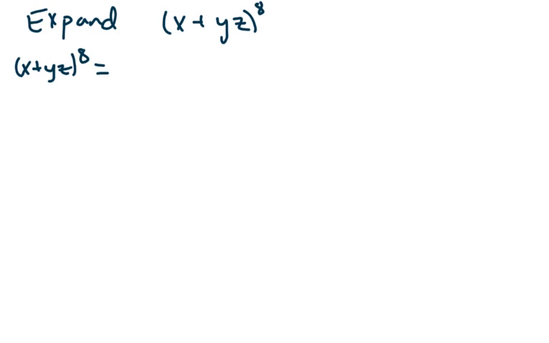So this expansion here is going to have the first term, x raised to the 8th power, and no powers of the second term, yz. We will have a coefficient determined by the binomial coefficients, 8 choose 0. The second term is going to be binomial coefficient 8 choose 1. The first term raised to 1 less power, and the second term raised to 1 more power. 1 more than nothing is just 1.